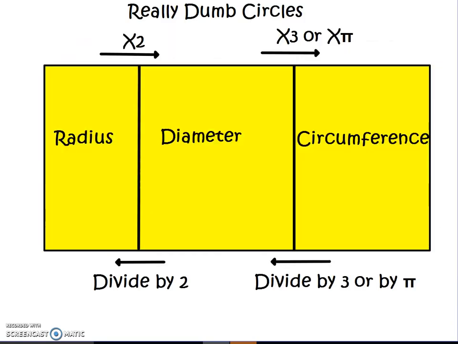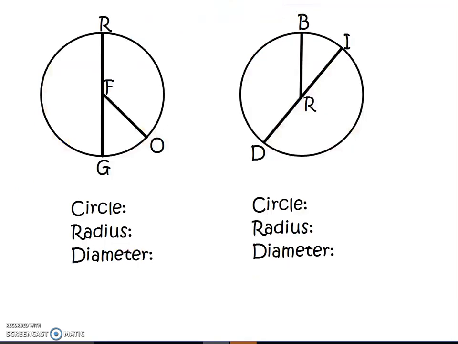Let's name some basic parts of a circle. Okay, so on the basic parts of the circle, the center of the circle is always the name of it. So this is circle F. The radius goes from the center of the circle to the outside edge.